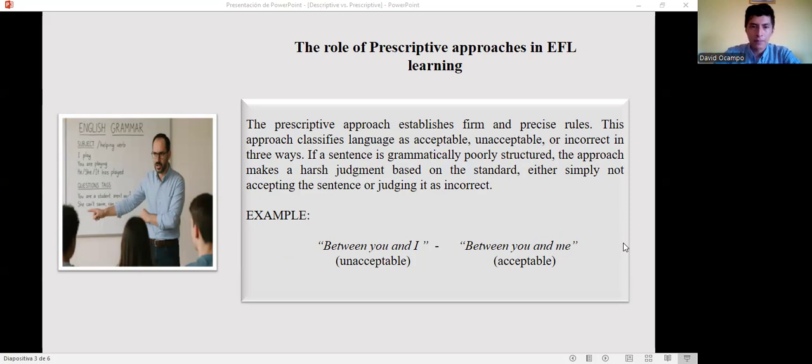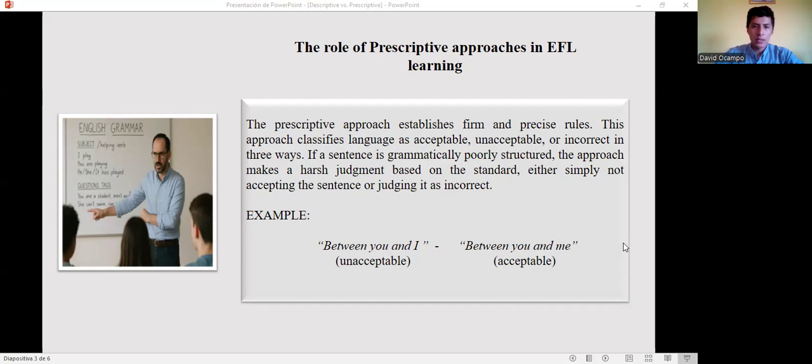If a sentence is grammatically poorly structured, the approach makes a hard judgment based on the standard, either simply not accepting the sentence or judging it as incorrect. So this approach is what is generally followed in educational institutions.